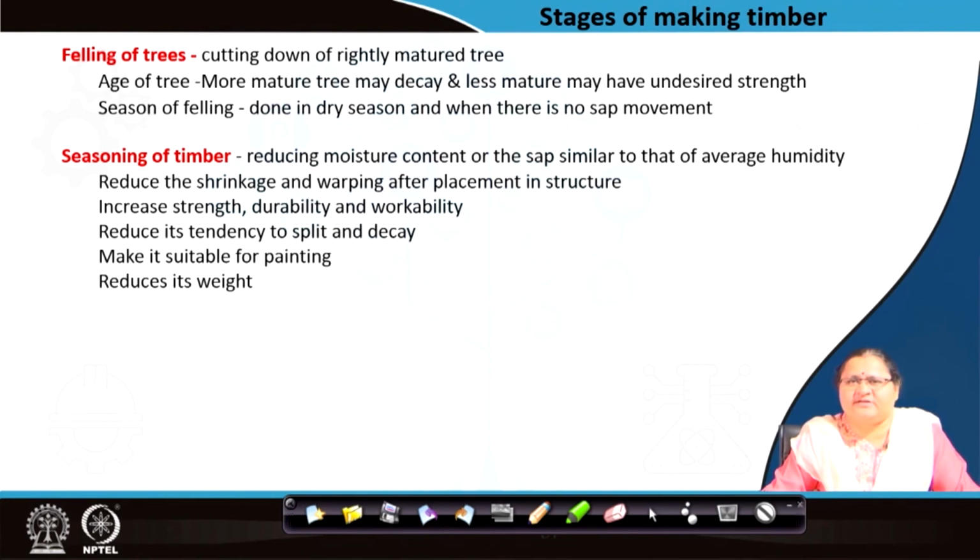Seasoning is the process of keeping it exposed to the natural conditions such that it can get acquainted to that particular condition. Reducing the moisture content or the sap from the tree, which was a live one, to the average humidity of that particular region is the primary purpose of seasoning.